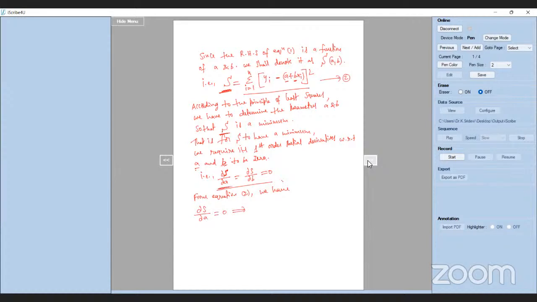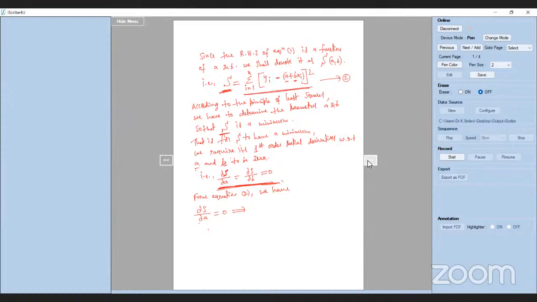The first condition is dou S by dou A equal to 0. So now, what is dou S by dou A? Partially differentiate equation 2 with respect to A to get dou S by dou A.